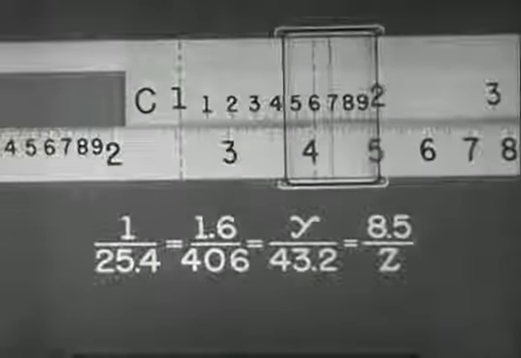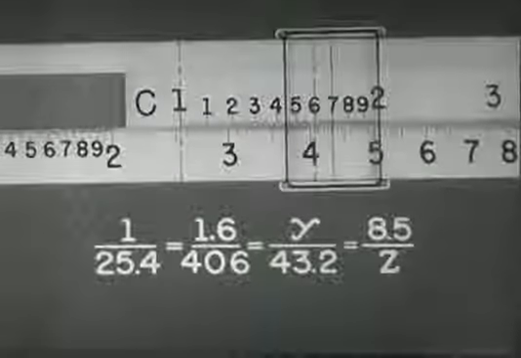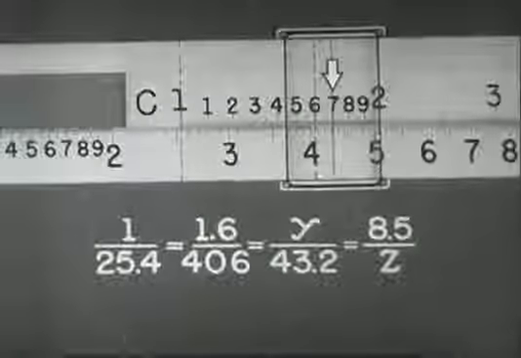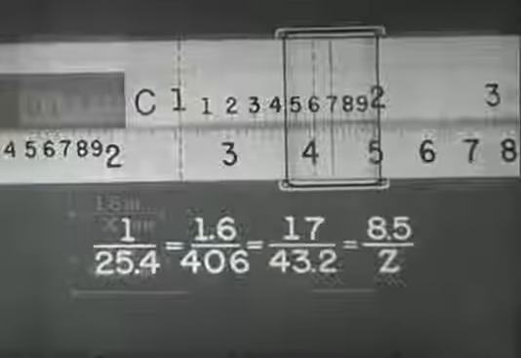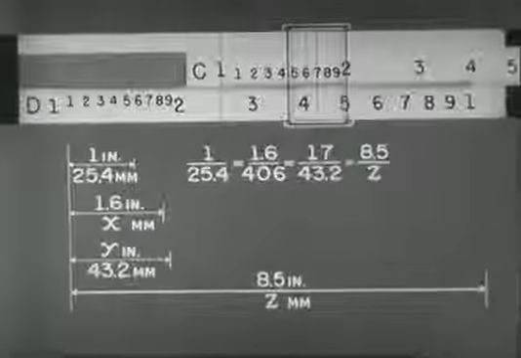Move the hairline to 432 on D and read y as 17 on C. Now, since 8.5 is off the body, we must shift to the other index.